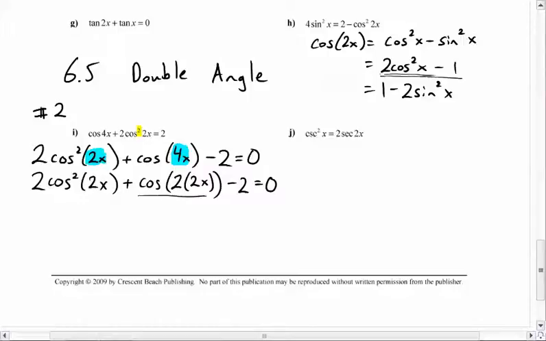So let me choose this second one here. And then instead of theta, in this case, I have 2x. So I can change this one by writing it as 2 cosine squared 2x minus 1.